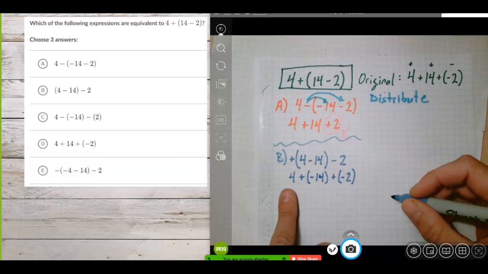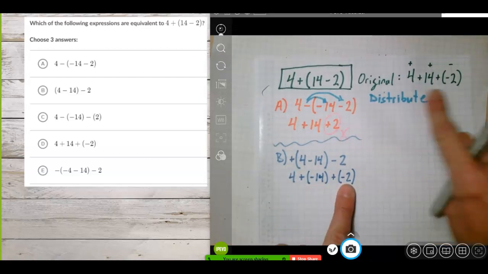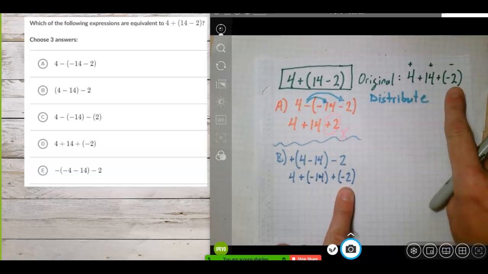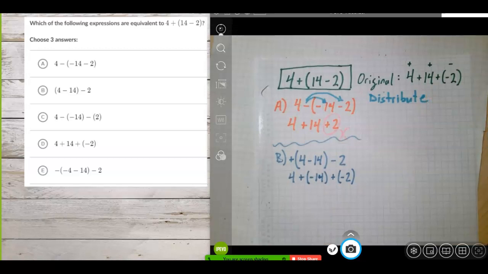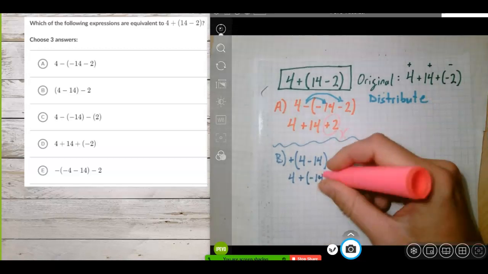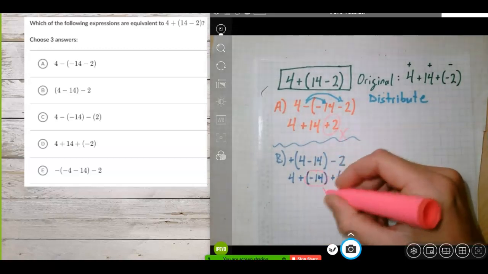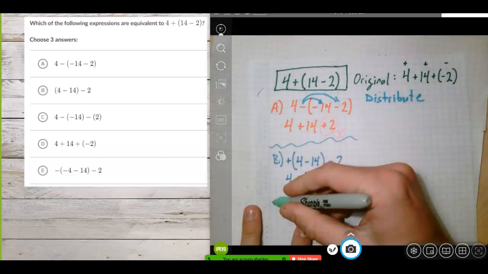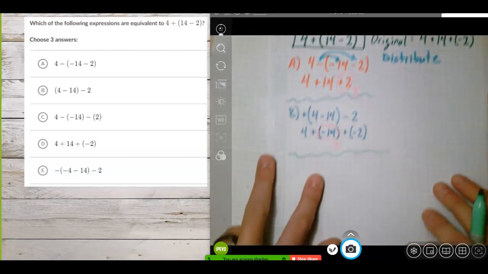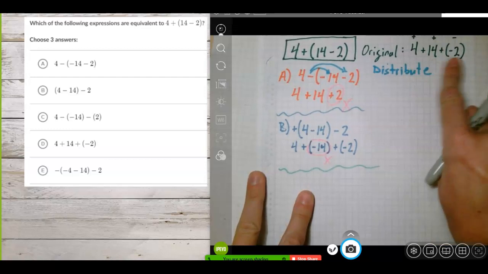We have positive 4, negative 14, negative 2. Darn it, we got the negative 2 that we wanted, but we wanted positive 14, and we don't have that. So the negative 14 looks to be the thing that makes it fall apart and not work. Questions on why that one didn't work to be equal to the original?